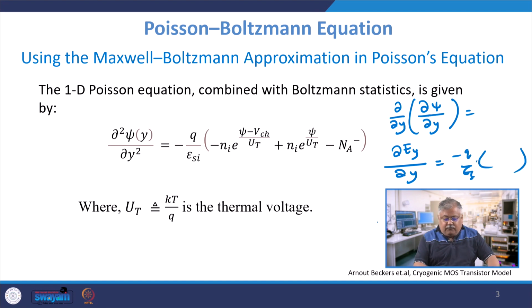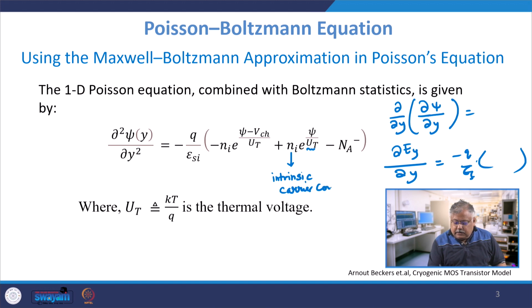where psi is the generalized potential, VCH is the channel potential, UT is basically KT by Q, which is the thermal voltage here, remember. This Ni is my intrinsic carrier concentration, and this is the acceptor ion concentration.